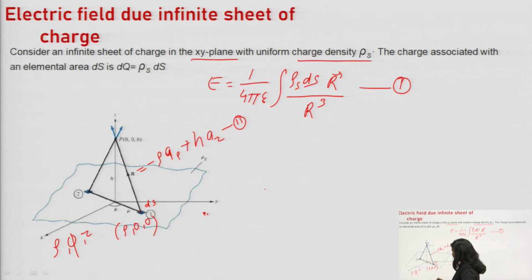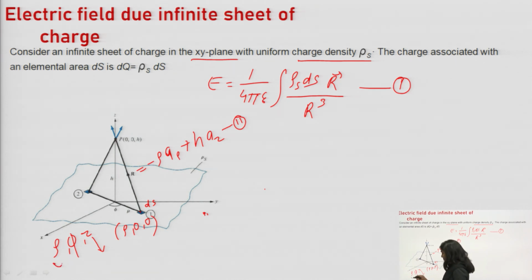Out of these three parameters, one parameter will show the direction of the area dS and the other two will show the magnitude of dS. The direction of any area is always the normal unit vector to that sheet. Here the infinite charge sheet is placed in the xy plane and the normal to this sheet is along a z. So, z gives the direction of dS.